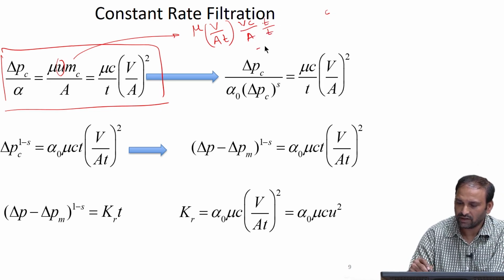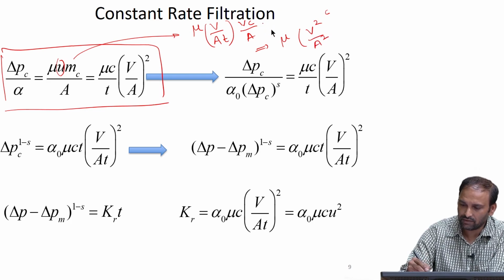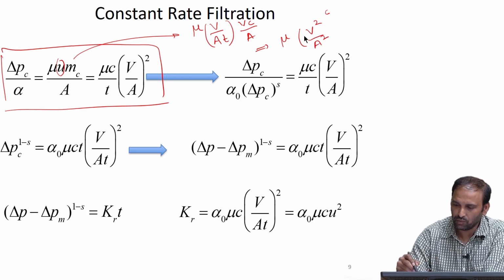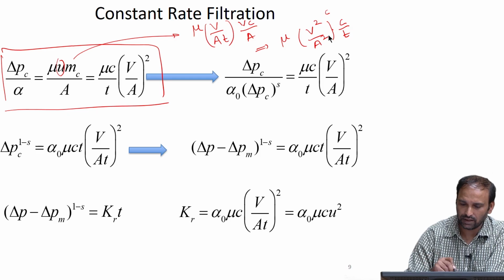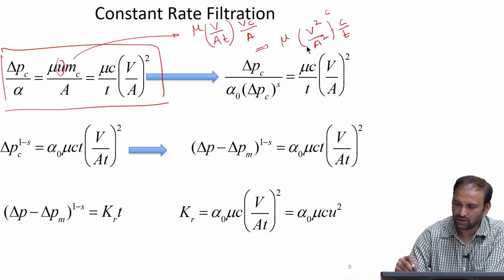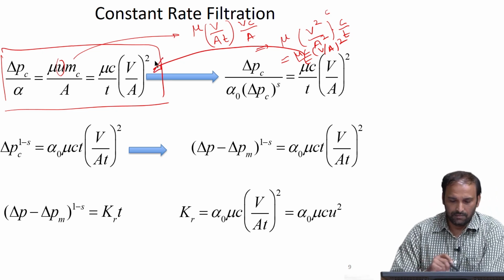Therefore, this becomes mu into V squared by A squared, into C divided by t. Therefore, this becomes mu times C divided by t into V by A whole squared. That is what I have here.